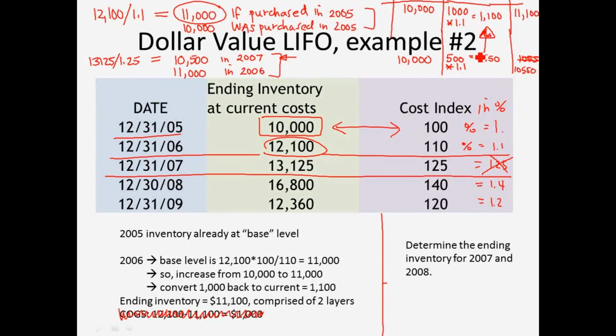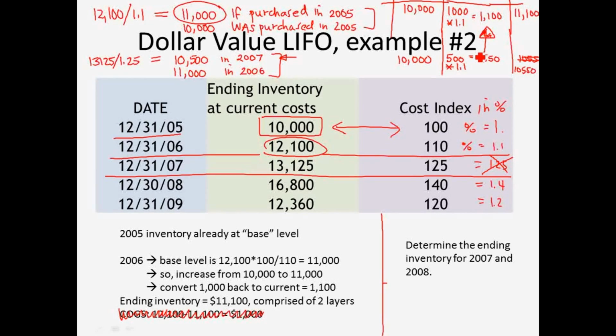Okay, so when I look at my 2007 inventory, has it gone up or down relative to before? Gone down. So which inventory am I using? Well, I'm using the stuff that I bought in 2006. What I have left is still the stuff that I bought in 2005 and the stuff that I bought in 2006.